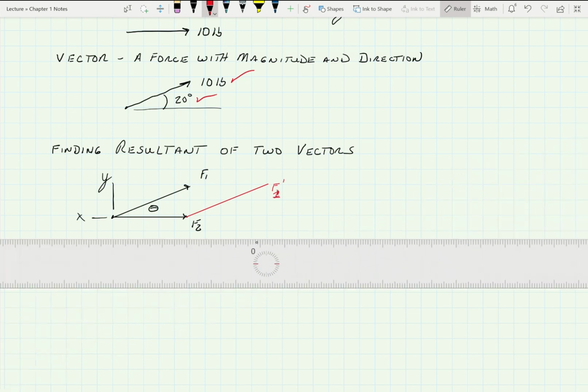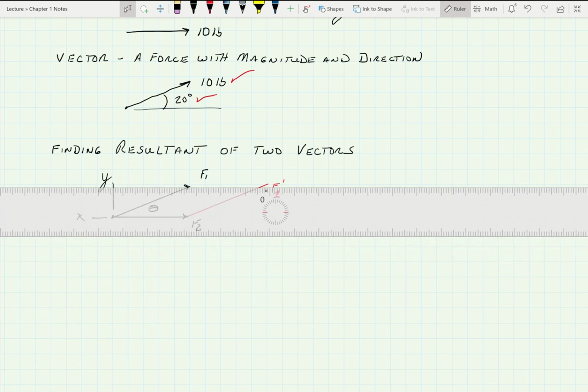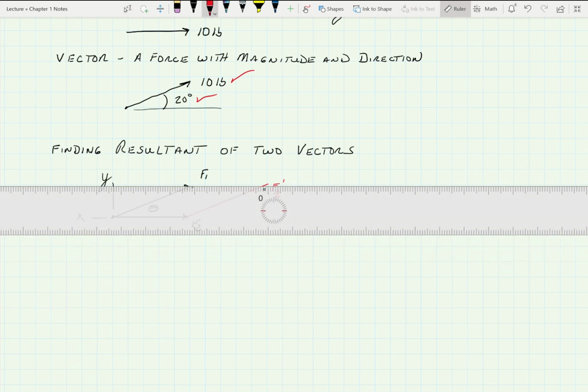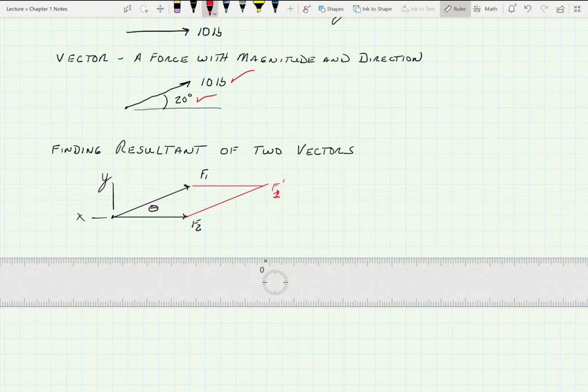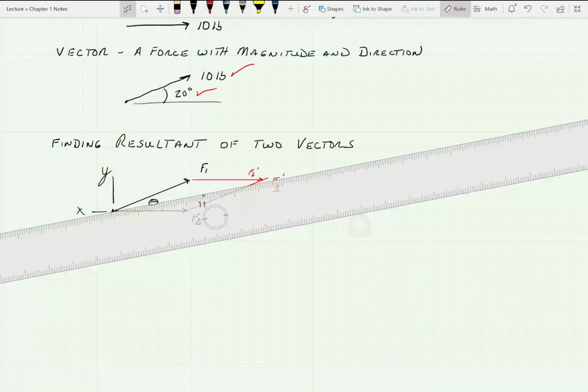Okay, and then if I take F2 and I transpose it to here, we can get F2 prime, and our resultant comes out of this.